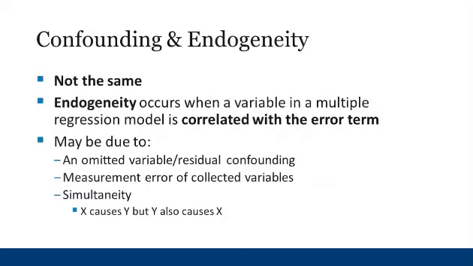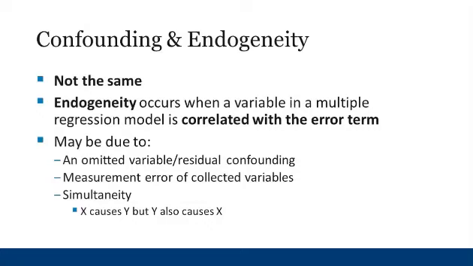Confounding and endogeneity. Last week, you heard Todd talk a little bit about endogeneity. And it's important to keep in mind that these are similar, but not the same. So endogeneity occurs when a variable in a multiple regression model is correlated with the error term.